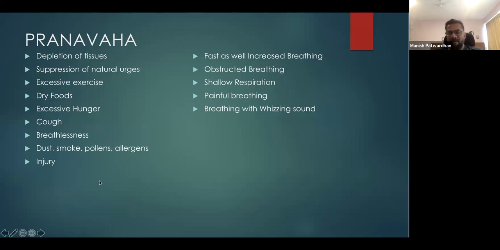Dry foods, Vata aggravating. Excessive hunger, meaning excessive appetite, is also Vata aggravating because excessive appetite is going to burn the food and increase the Vata. So if you look at all the causative factors, the Pranavaha Srotas gets disturbed mainly because of Vata aggravation.